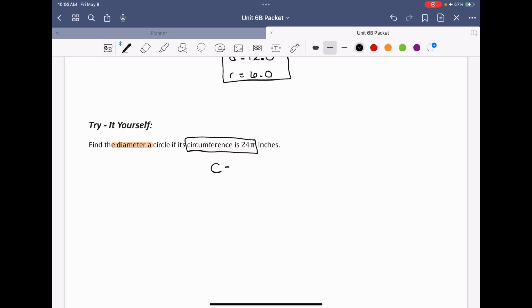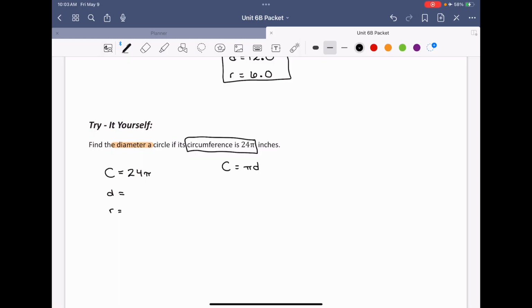So circumference equals 24 times pi. Circumference equals pi times diameter, and it tells us that the circumference is 24 pi. We need the diameter, and I'm just going to put d there just because that's a habit we should have.